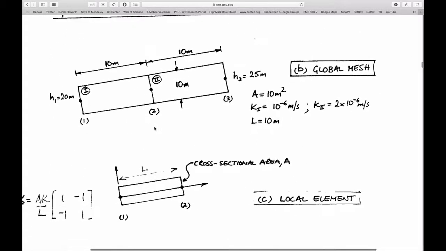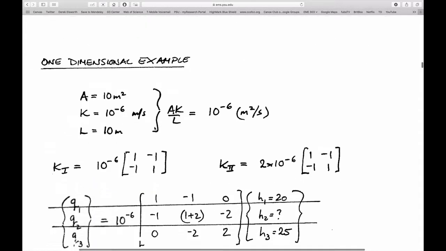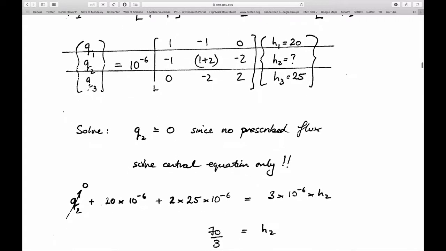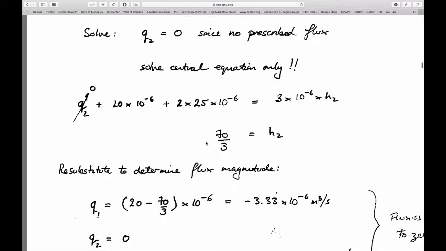And so you can go and calculate that. It turns out that it's equal to 70 over 3, which is 23.33. So this is 23.33 as this intermediate head, 25 upstream, 20 downstream, and 23.3 in the middle.